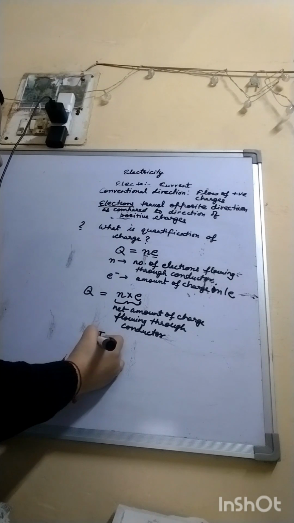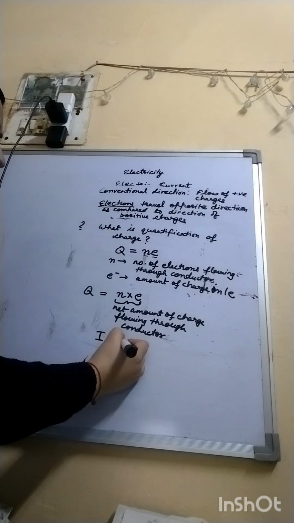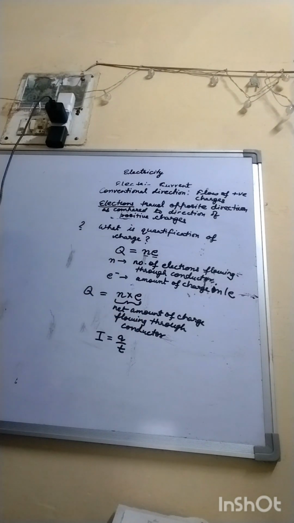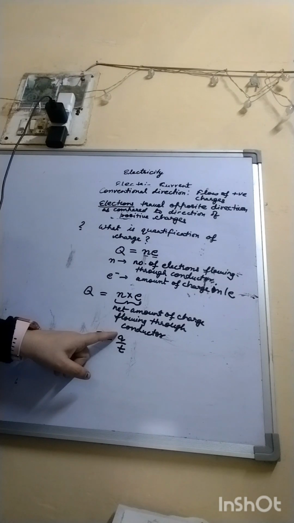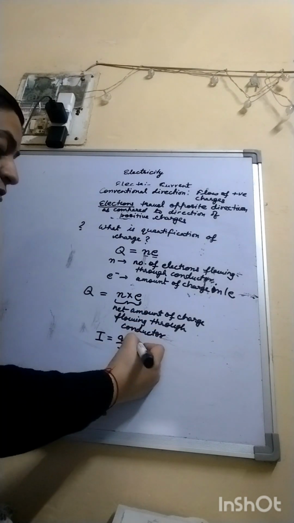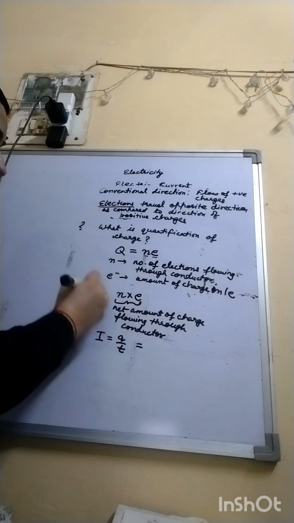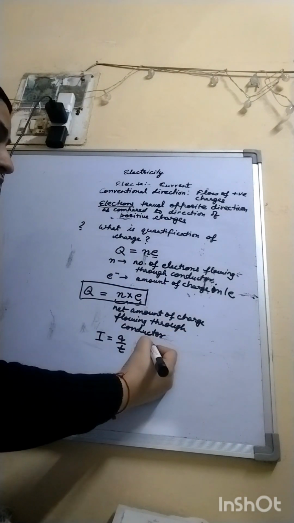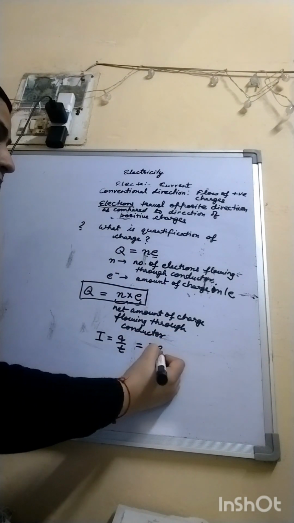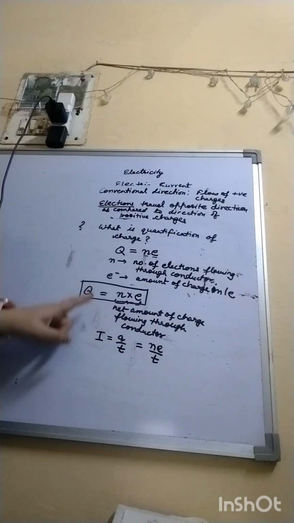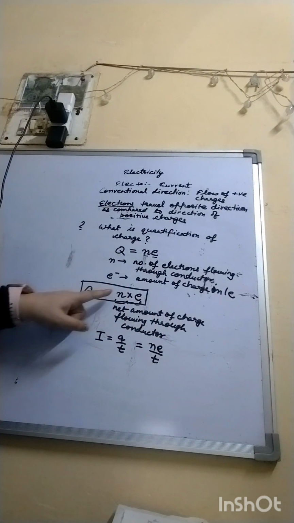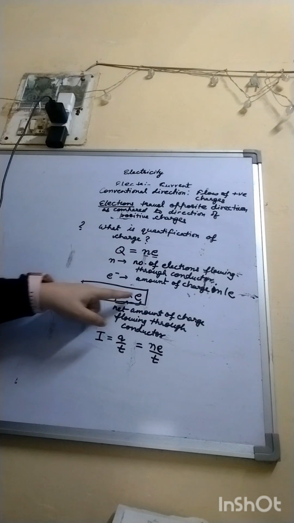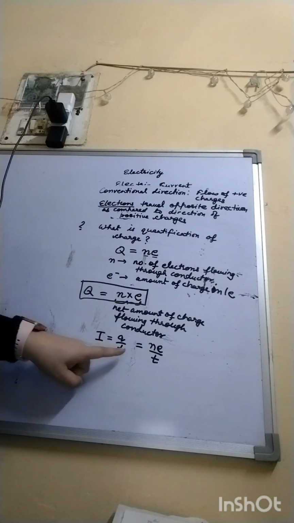Now we have I is equal to Q by T. If Q is the total amount of charge, this is Q is equal to NE, so this becomes NE by T. Because we are calculating the total charge as the number times the amount of charge.